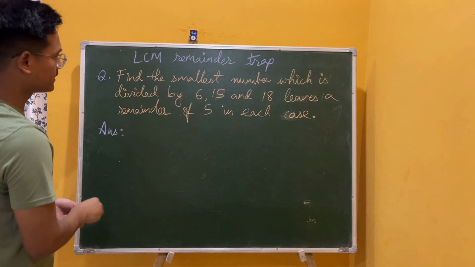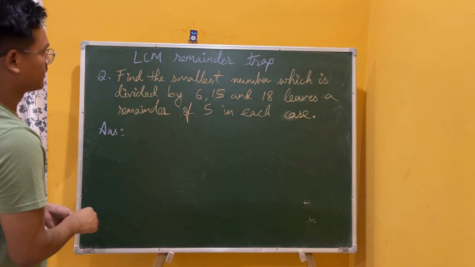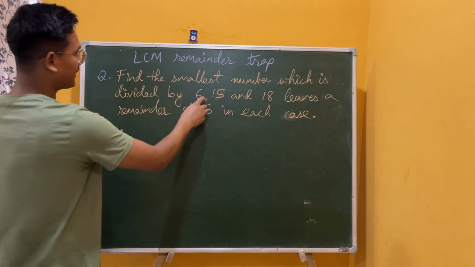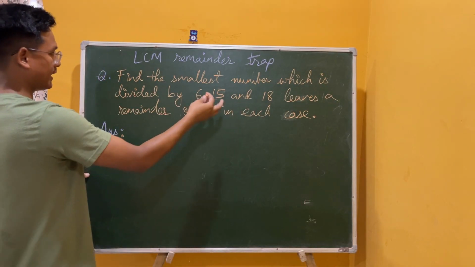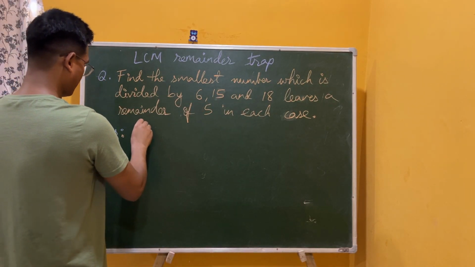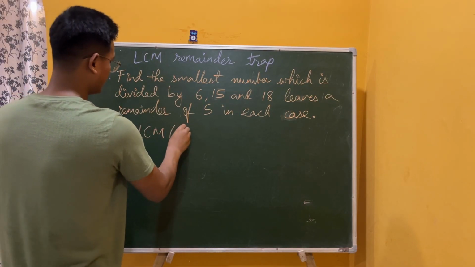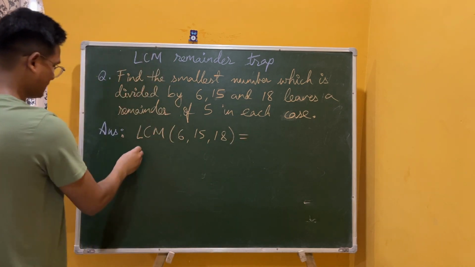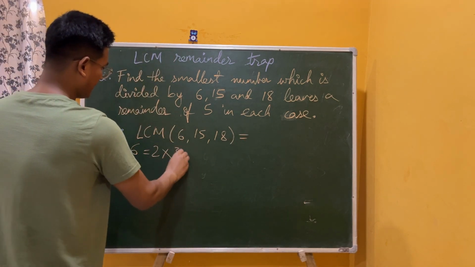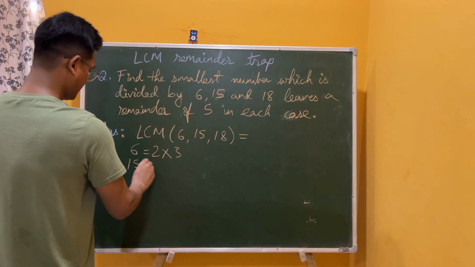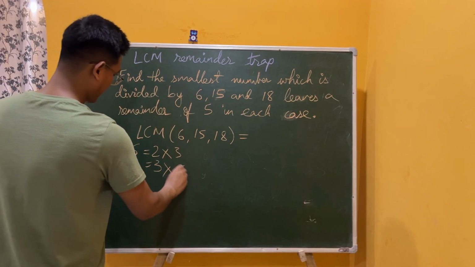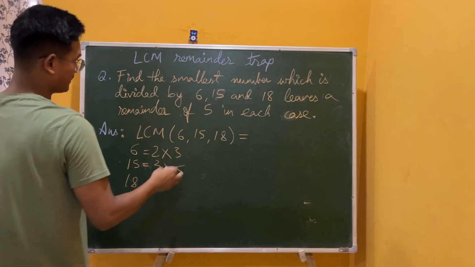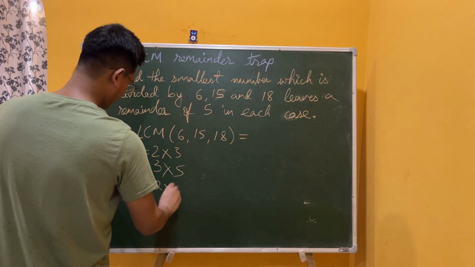Okay, the solution is you first find the LCM of these 6, 15 and 18. So LCM of 6, 15 and 18: 6 is 2 into 3, 15 is 3 into 5, and 18 is 6 3s are 18, 2 into 3 square.